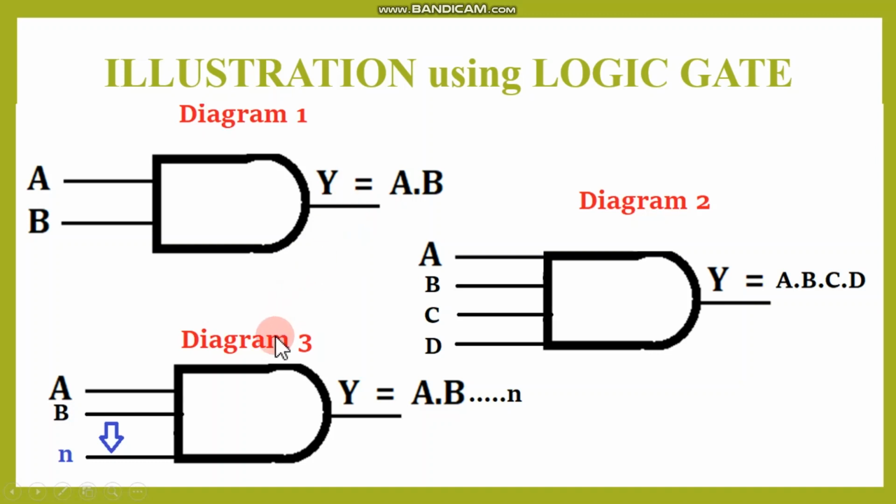Now diagram three says that you can have as many inputs to a logic gate as you like, but the output terminal has to be only one. Now here n is the nth input, n number of inputs. So Y will be A dot B dot C dot till the nth input terminal.